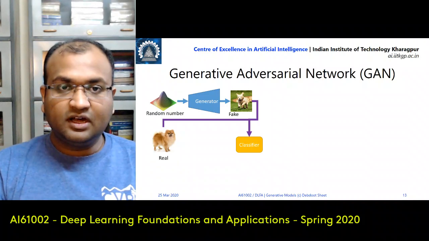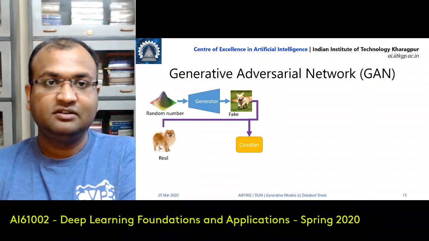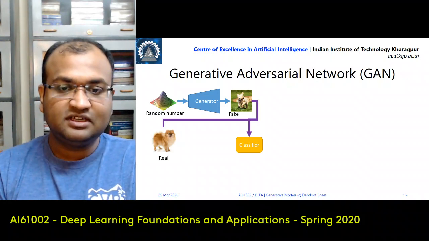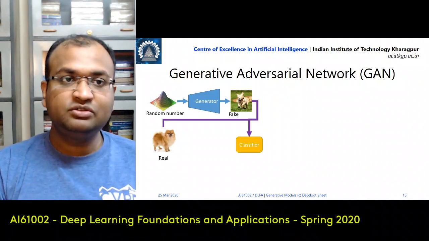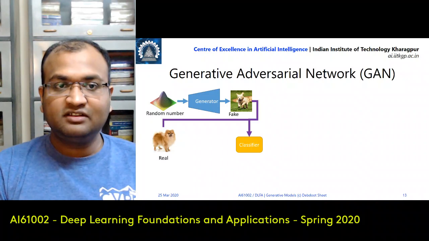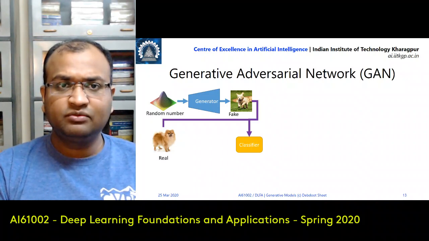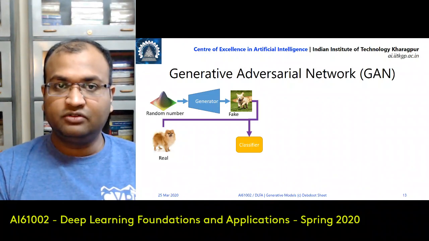Now, the job of this classifier is to say whether the image which is generated as fake and the one from the real database belong to the same class or not. So essentially, if I want to generate fakes of dogs, then the job of the classifier is to say whether whatever is generated looks like a dog or does not look like a dog, and nothing more. It's not going to comment on whether it's real or fake. Okay.